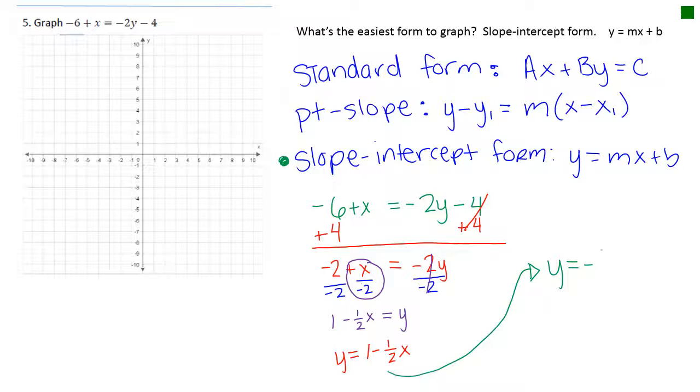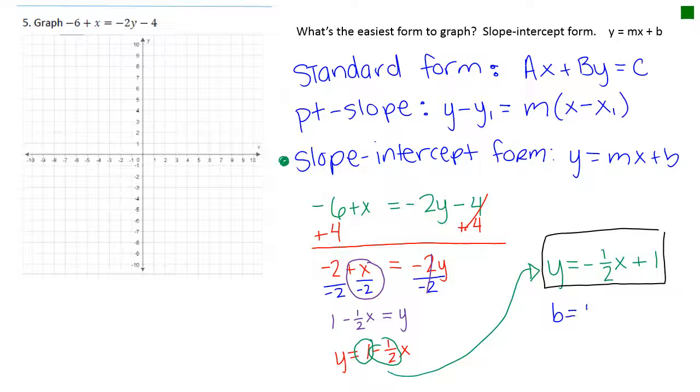So that becomes negative 1/2 x plus 1. This 1 was positive, so that becomes plus 1, and then that negative went with our slope. So negative 1/2 x plus 1. This is now in slope-intercept form, so we can identify our y-intercept, which is positive 1, and identify our slope, negative 1/2, and we can graph this equation.